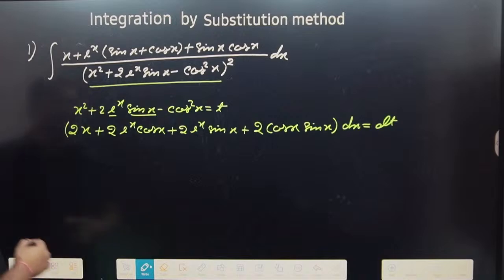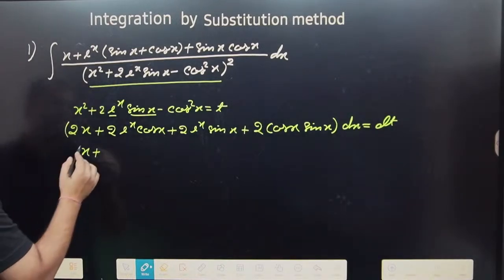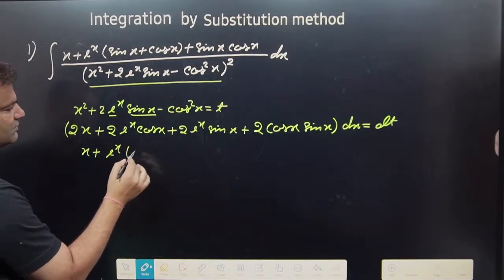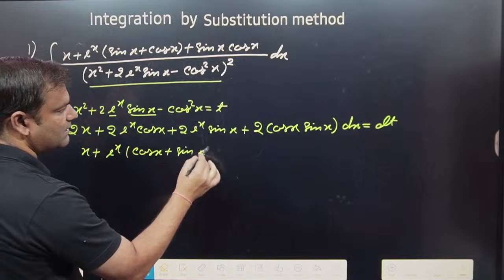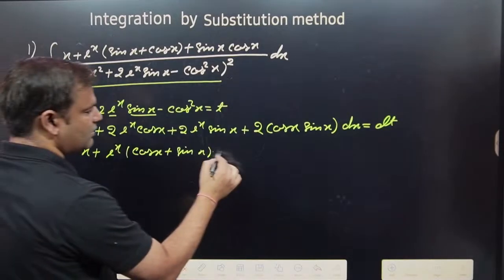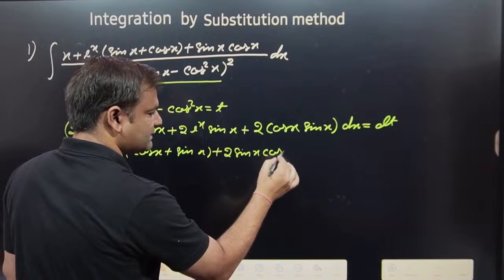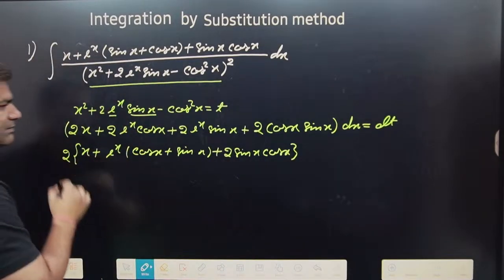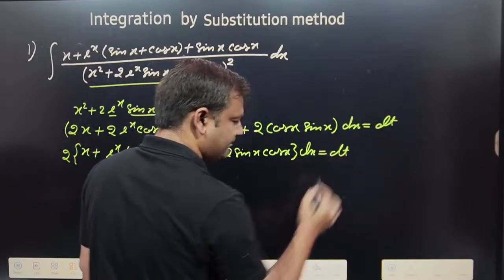Now if 2 is common, then we write x plus, here e to power x is also common, so cos x plus sin x. Okay, and that one 2 sin x into cos x, here 2 common, dx, this will be equal to dt.